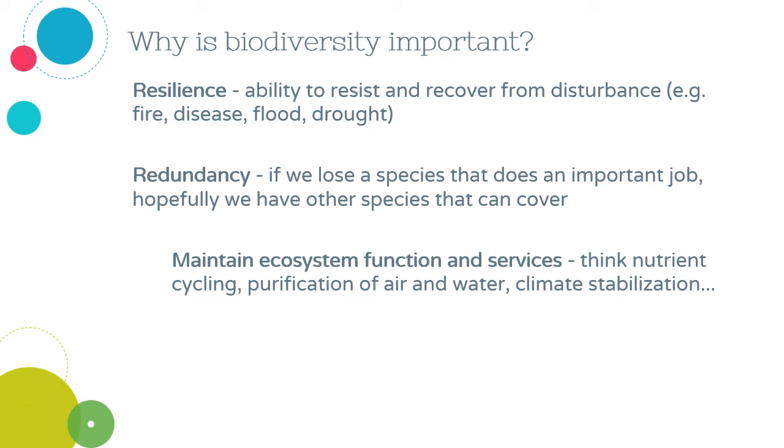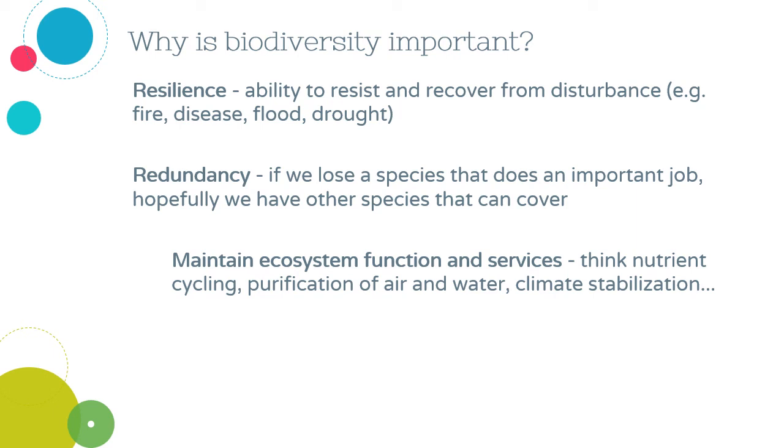And then also redundancy is making sure that all of those jobs hopefully are still met in some way. Maybe it'll be a little bit different and organisms will have to adapt, but overall the function of that ecosystem won't be imperiled by the loss of some species, right?